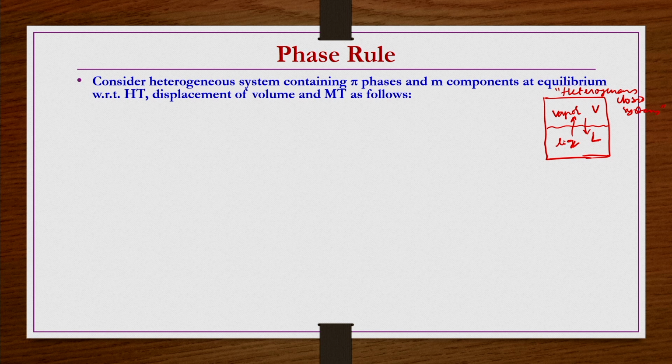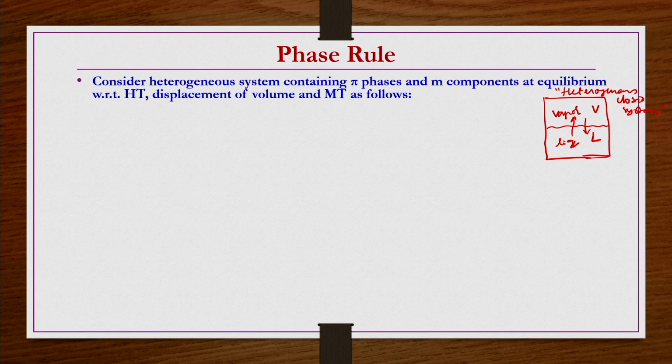Now, within this heterogeneous system we have internal equilibrium with respect to heat transfer, that is thermal equilibrium. We also have displacement of volume, that is also at equilibrium, that is mechanical equilibrium, and with respect to mass transfer as well there is equilibrium, that is chemical equilibrium.